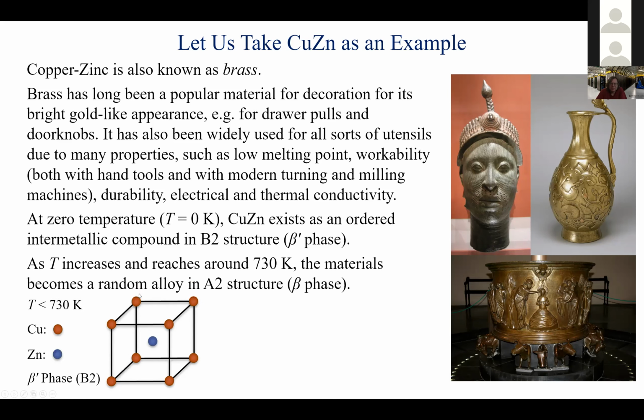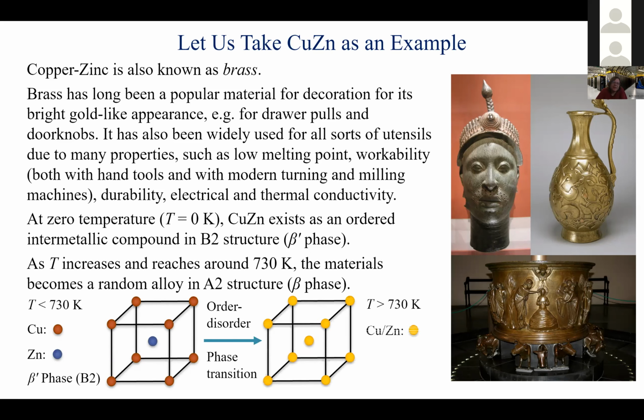When the temperature is increased above 730 Kelvin, the material becomes a random alloy. That is, on the atomic sites, the copper and zinc are randomly distributed. It no longer has this ordered structure. This order-disorder phase transition takes place, so that this color could be either copper or zinc, randomly.